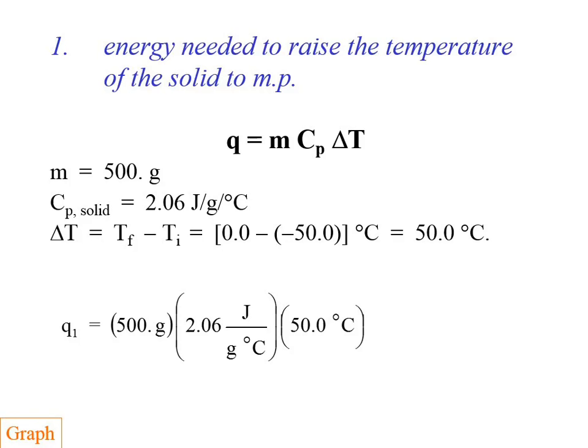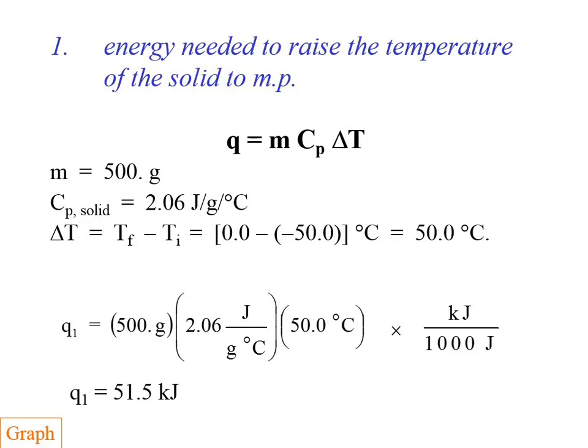Before we do that, let's convert it to kilojoules, so 1 kilojoule over 1,000 joules. With 3 significant figures, that's 51.5 kilojoules of energy required just to take that ice from negative 50 to 0 degrees Celsius. That's the Q of ice warming.